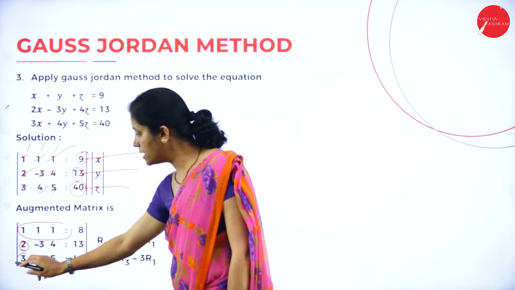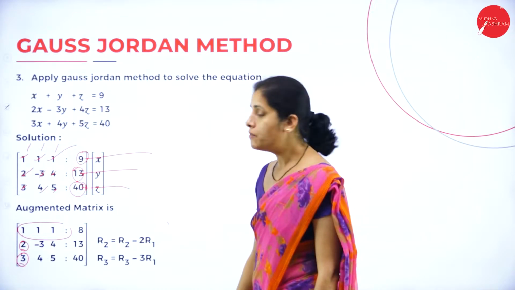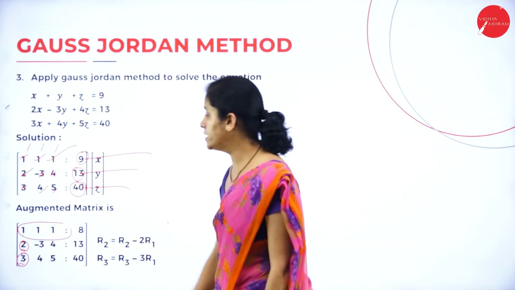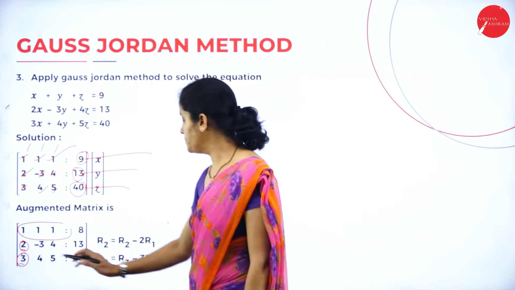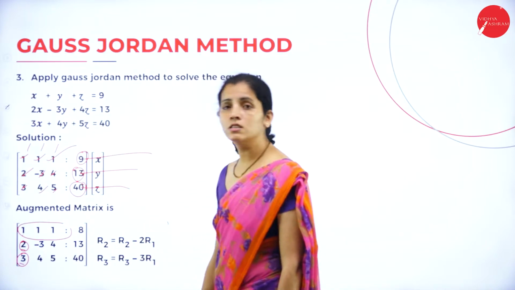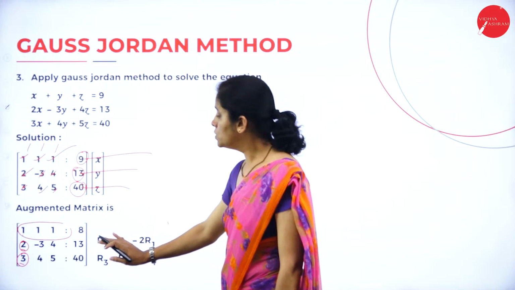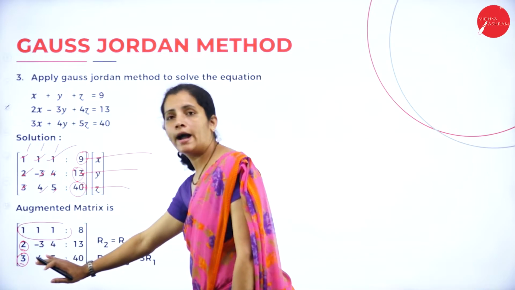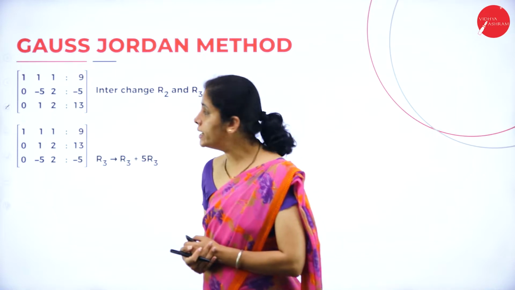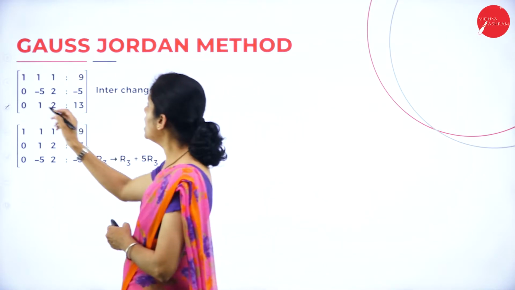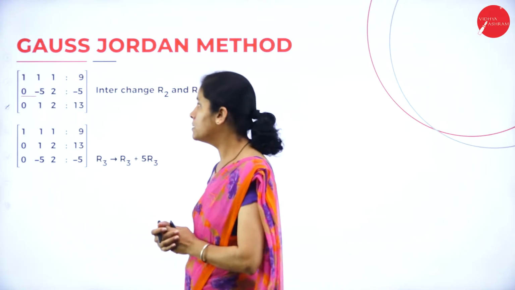Now I want to make this element 0, so I apply the formula for the entire row 3: 3R1 minus R3. So I'm going to get 0. I'm going to apply this formula to entire row 2 and row 3, and my first row remains as it is. After applying the formula, I got 0, minus 5, 2 and minus 5.